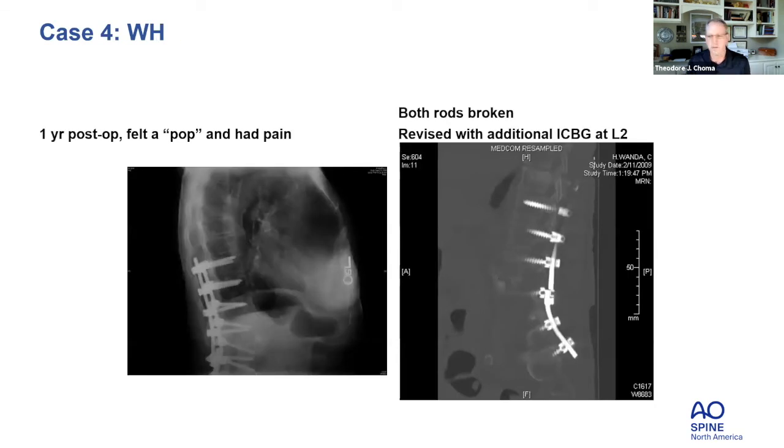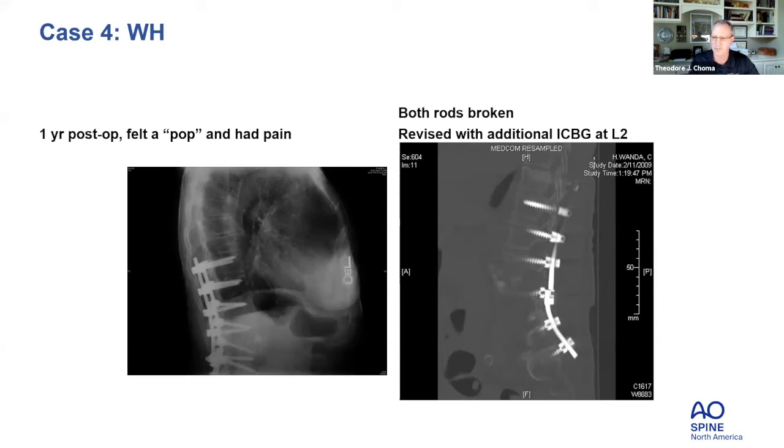But when she was 1 year from this surgery, she felt a pop and new pain in her lower back. And this is something that I wanted to share with you. So I got a CT scan, I got X-rays, and I suspected what we saw, and that is she had a non-union at L2 with rod fatigue fractures bilaterally.